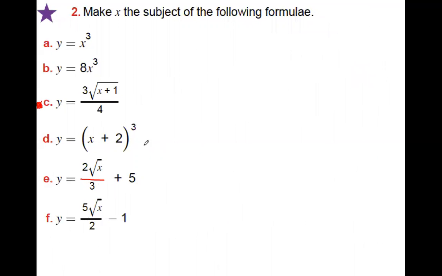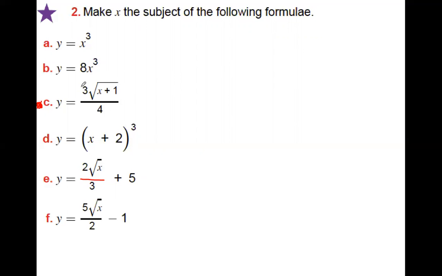So let's try C. They've told us to make X the subject. So from the book, this is not written exactly the way I want it to, but to me, this is 3 times root X plus 1 divided by 4, and not cube root, because I've got a 2 times root X here.